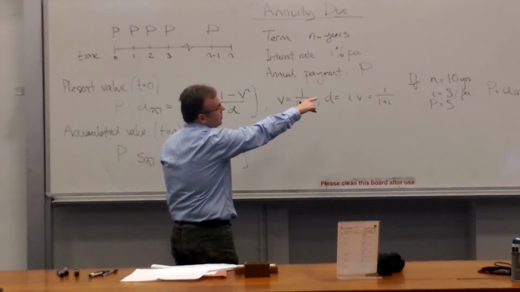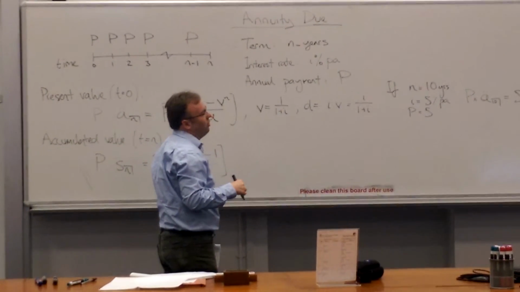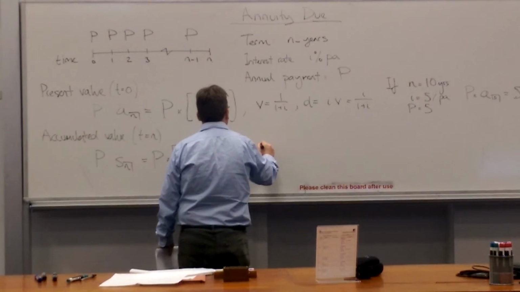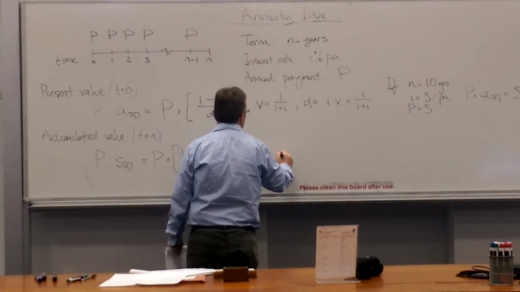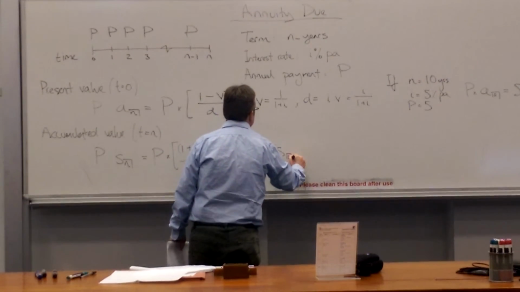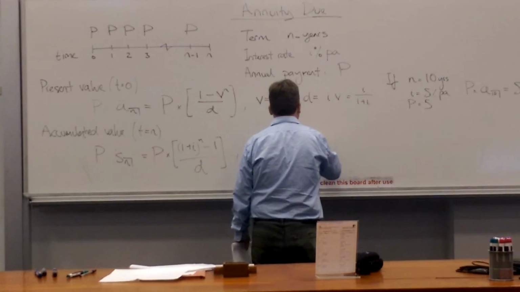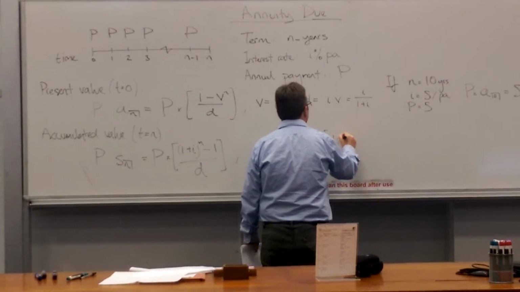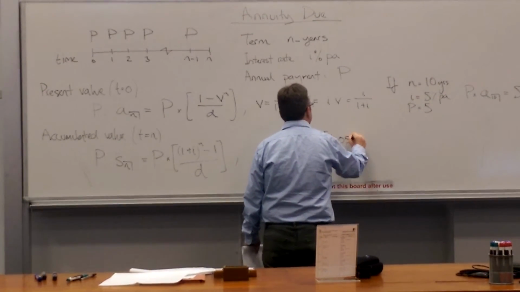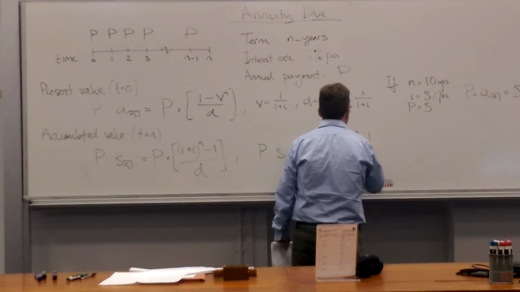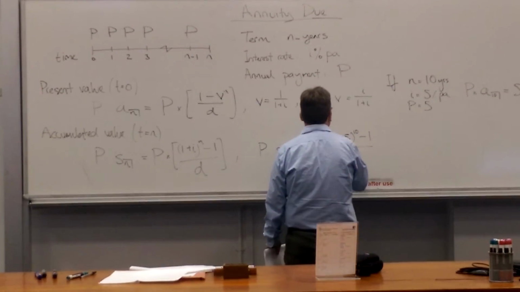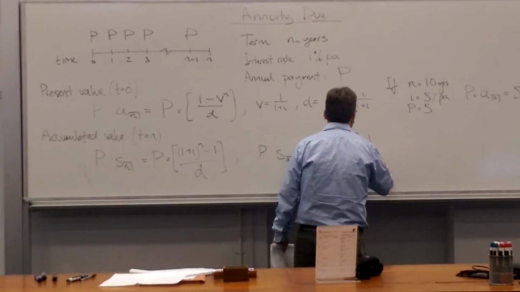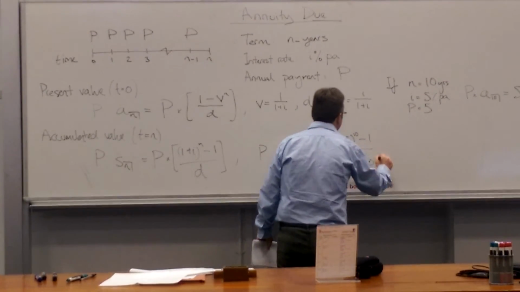If we take n as 10, i is 5% per annum, and again P is equal to 5, then P times s-double-dot 10 is equal to 5 multiplied by 1.05 to the power of 10 minus 1, divided by 0.05 divided by 1.05, that's our d factor.